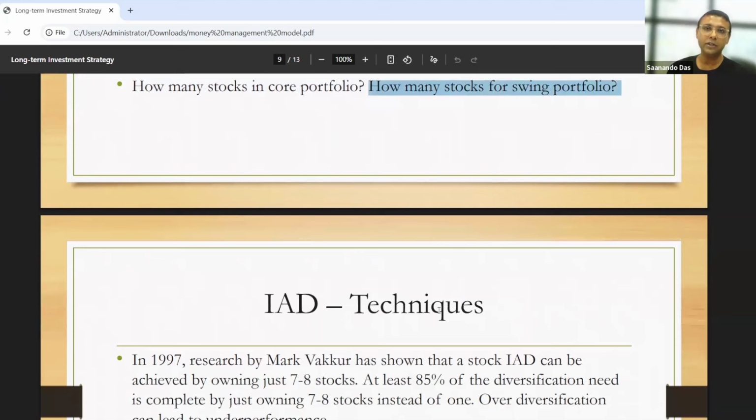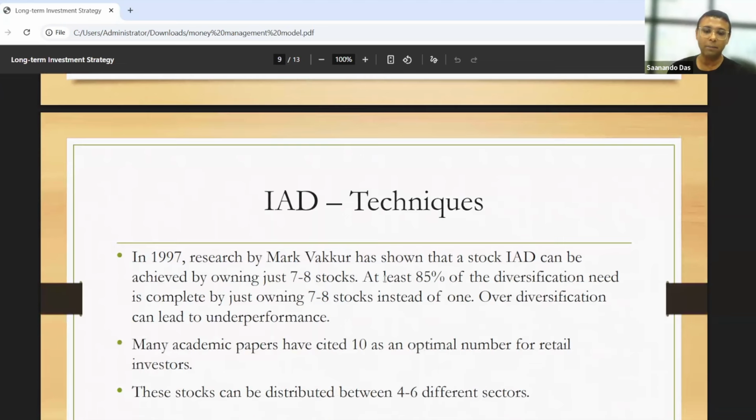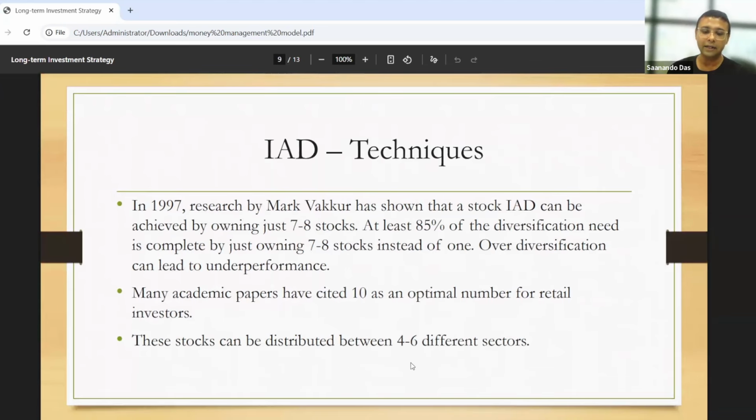To make a decision, I'm now applying the IAD techniques, or the best practices followed by all the important fund managers in the world.